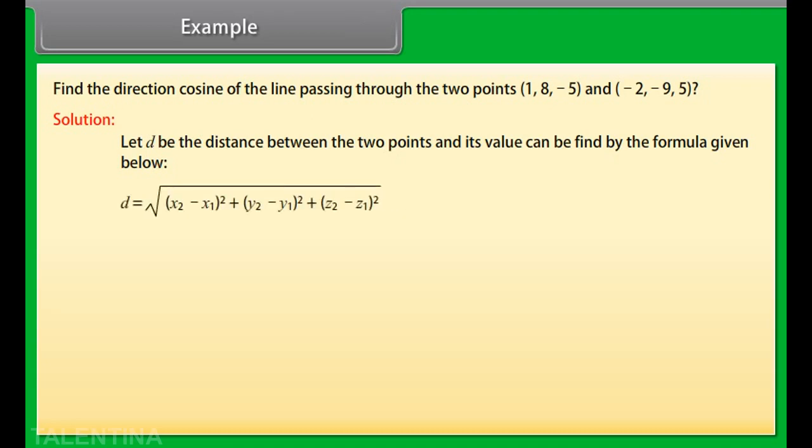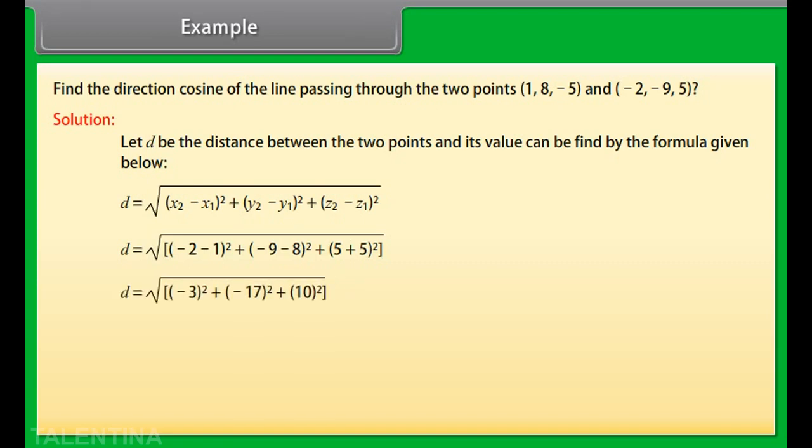D equals square root of x2 minus x1 square plus y2 minus y1 square plus z2 minus z1 square. D equals square root of minus 2 minus 1 square plus minus 9 minus 8 square plus 5 square. D equals square root of minus 3 square plus minus 17 square plus 10 square.